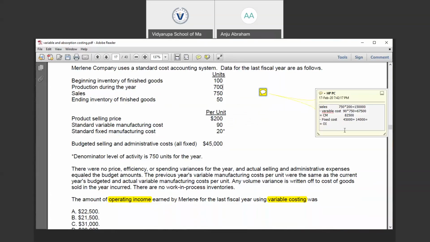So the total fixed cost is 45,000 plus 14,000, 59,000. So what is the operating income? 82,500 minus 59,000 is going to be 23,500.